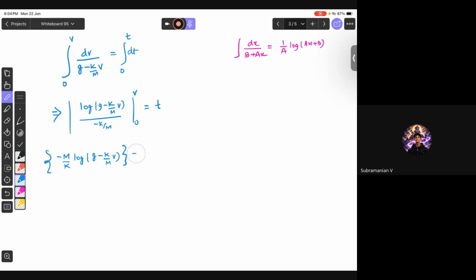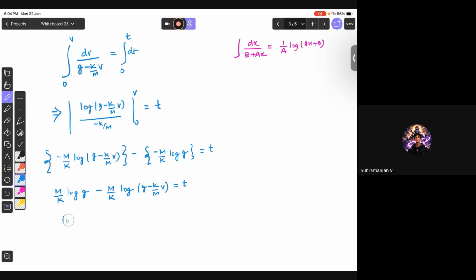Lower limit will be plug 0, that will be minus m by k log g equals t. We'll write the positive term first. We'll get m by k log g minus m by k log g minus k by m into v equals t.